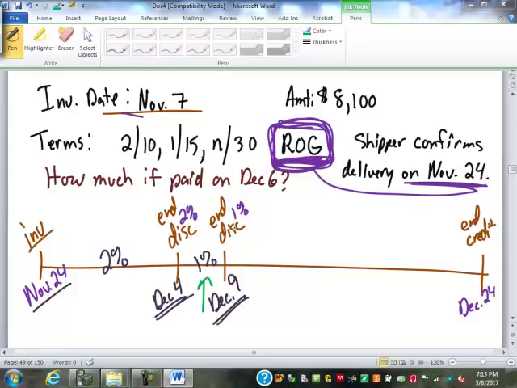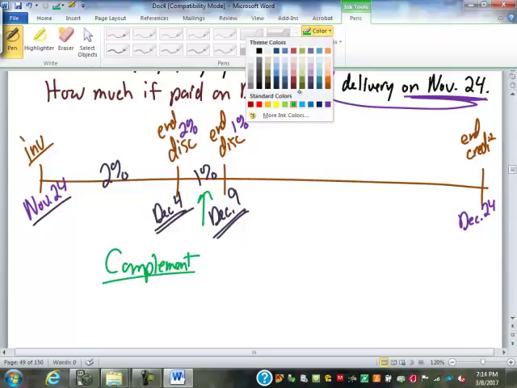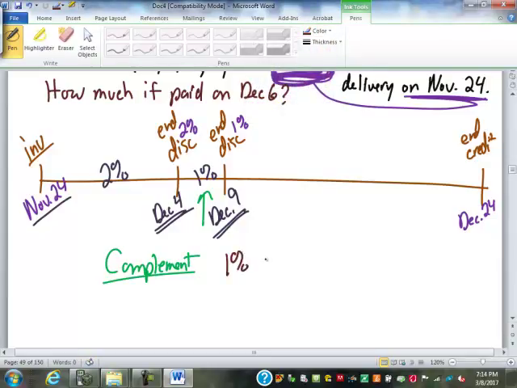Rather than finding 1% and subtracting it, we're going to use the complement again. A 1% cash discount is going to result in 99% paid, so a factor of 0.99.